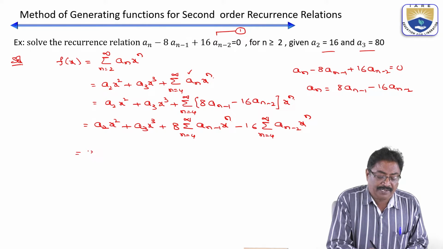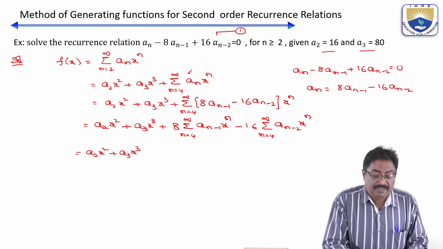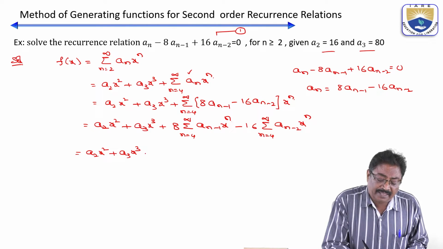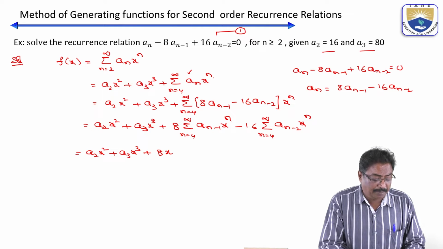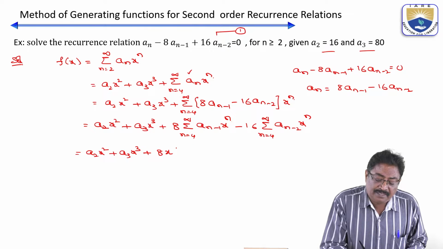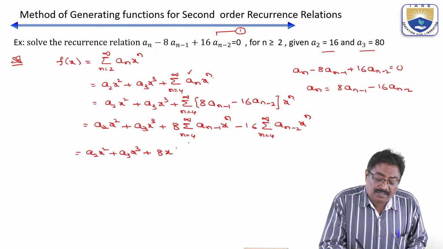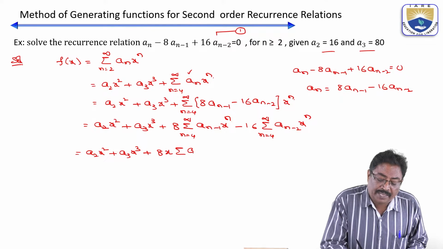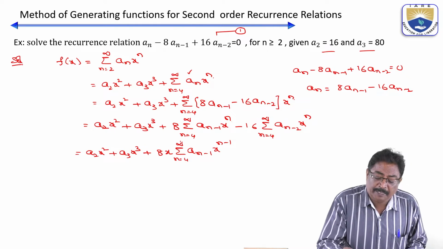Now I am going to write this as a2 x square plus a3 x cubed, then I take 8x common, and what I get is the summation of a n minus 1 x to the power of n minus 1, n equals 4 to infinity.